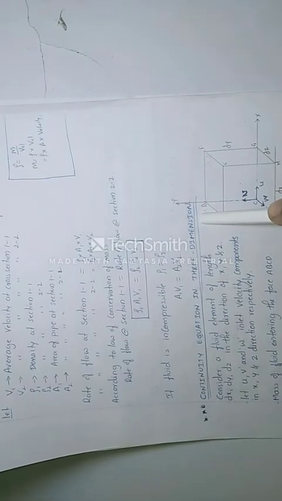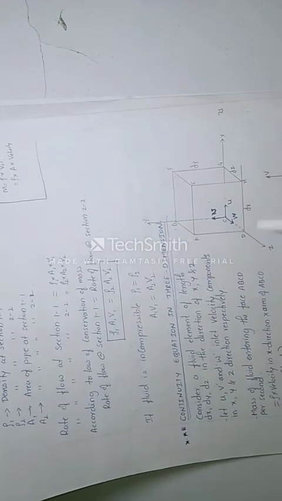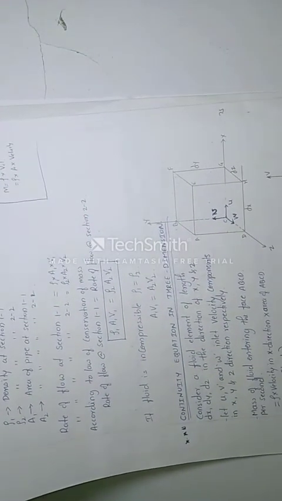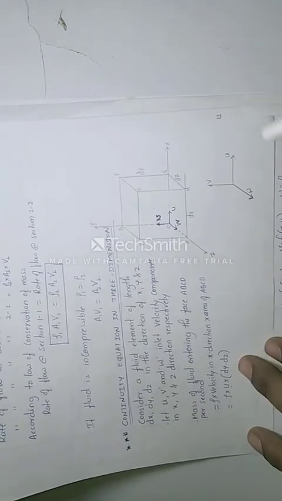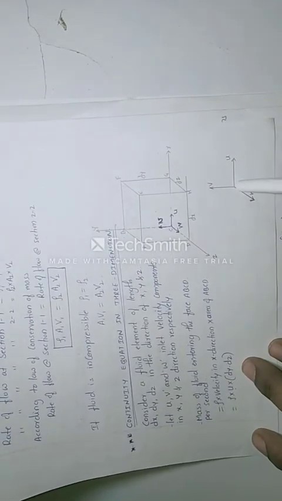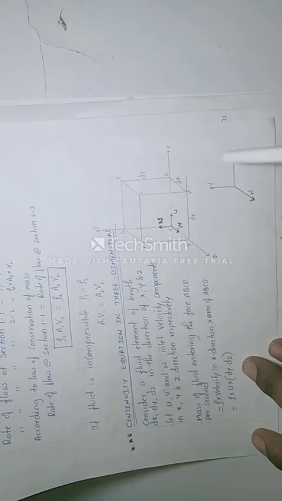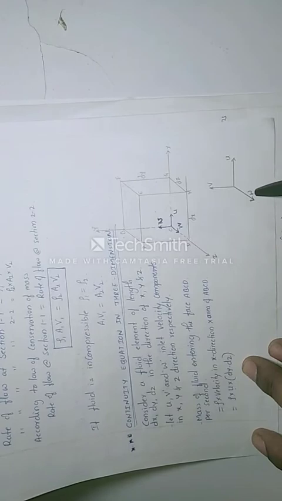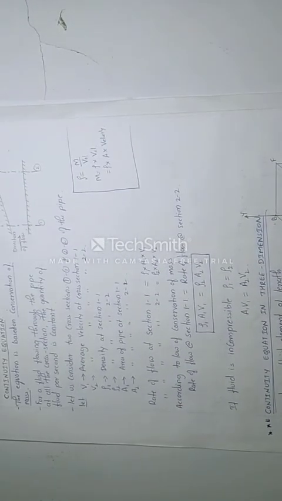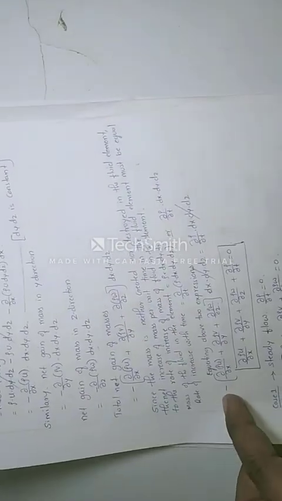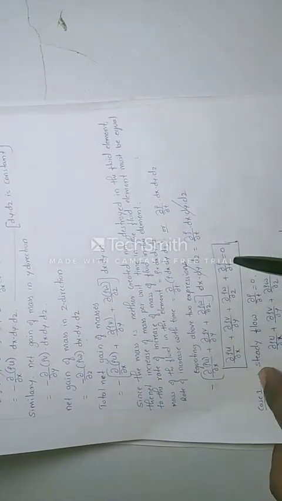Suppose I take three dimensions x, y and z direction, and the component of velocity along the x direction as u, along the y direction as v, and along the z direction as w. Then the expression for the continuity equation in three dimensions looks something like this.